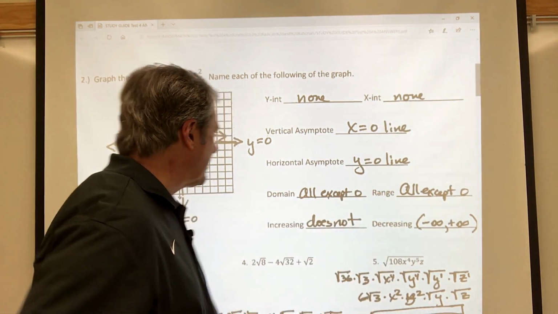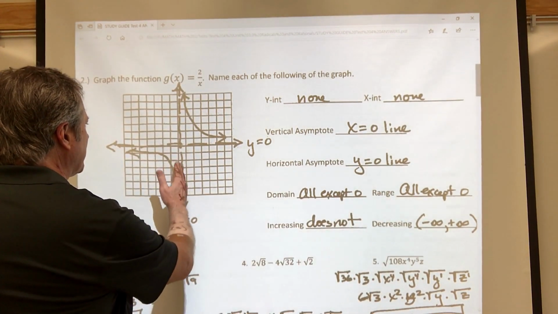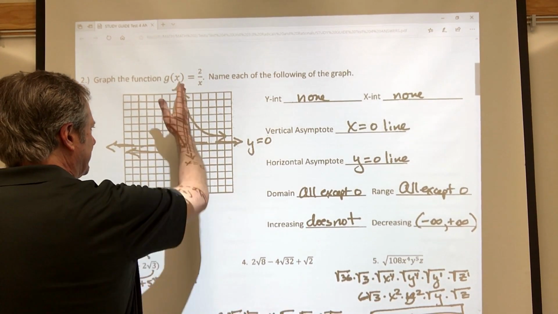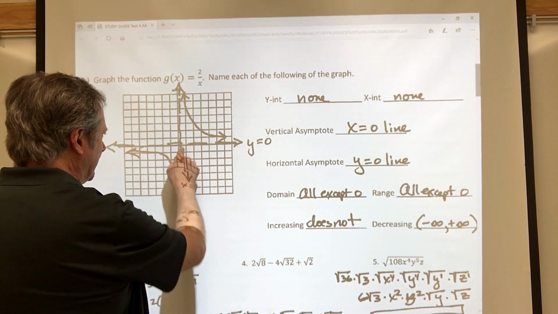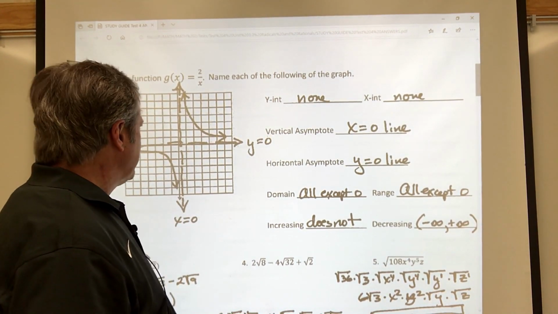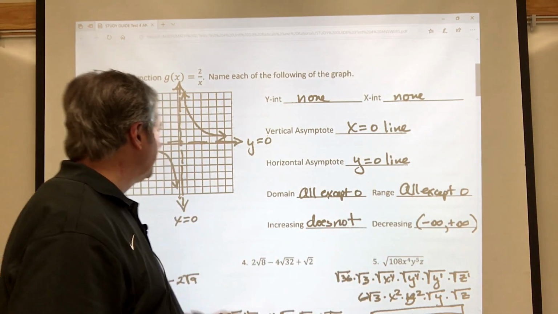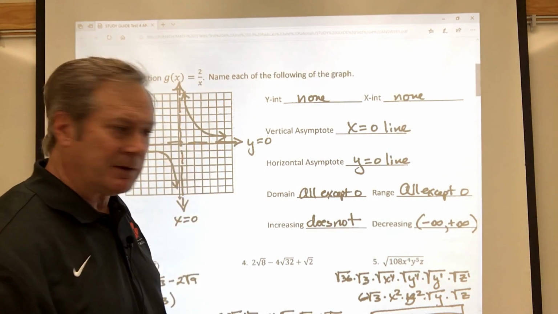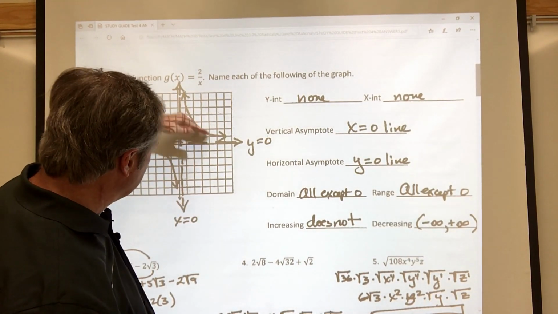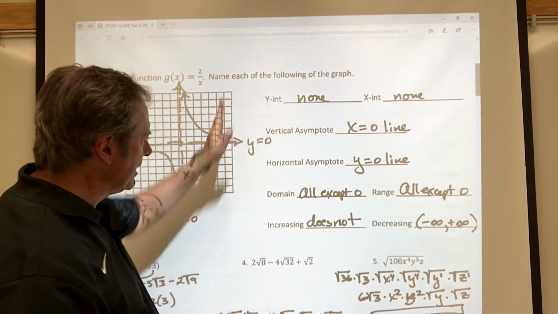The same deal with the range. You're coming up, but once you get to where y is 0, it splits to the left and to the right, and so it's undefined right there. The increasing and decreasing with rational functions is hard to think through, but this is going down, it's never going up.